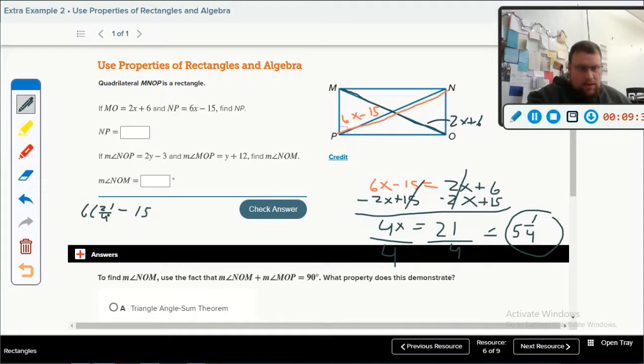Which is going to change that to 3, because 2 goes into both those. 3 times 21 is 63. So I'm going to have 63 halves, which is just what? 31.5. And 31.5 minus 15 equals 16.5. So we know the NP is 16.5.